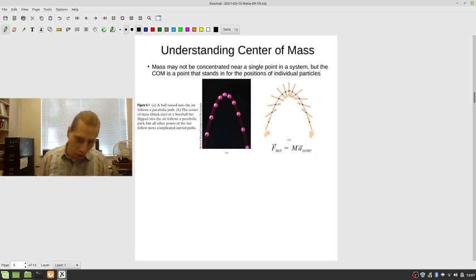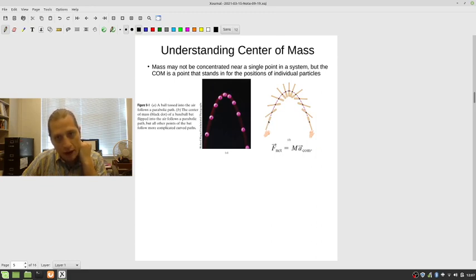However, what we want to be able to do is to separate out some sort of a simple motion within that complicated motion. And the way that we're going to do that is with this idea of a center of mass. So, for instance, if you have a baseball bat, the mass is unequally distributed along that whole thing because the end is bigger than the handle. And so the center of mass is not going to be right in the middle of the bat. It's going to be towards the edge.